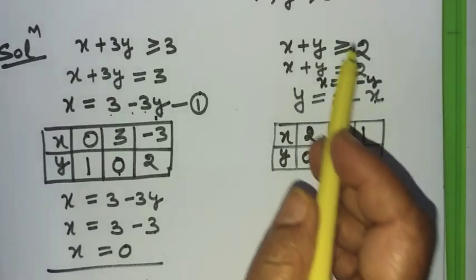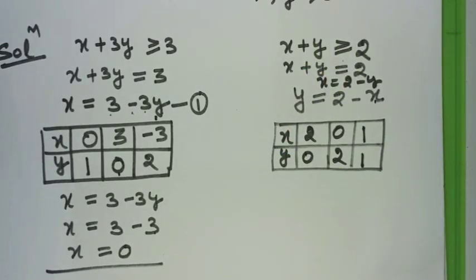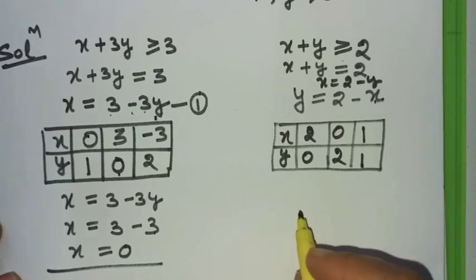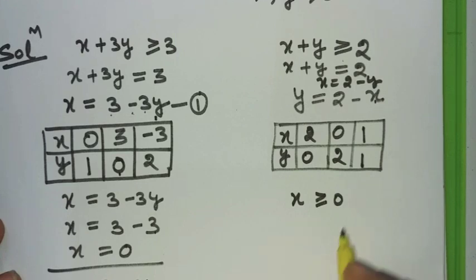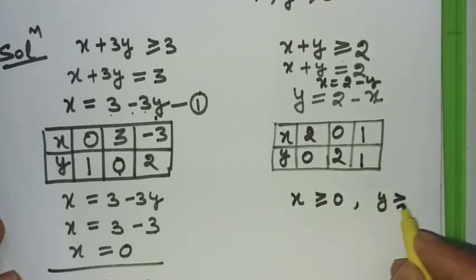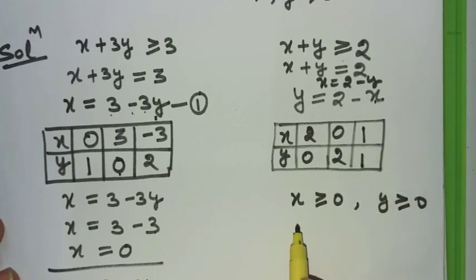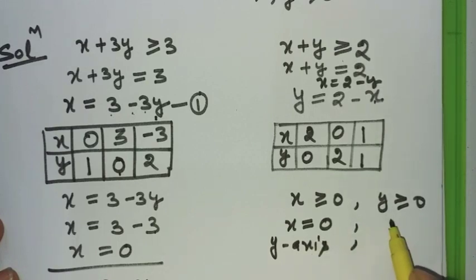I mean, this thing you have already learned in your junior classes, so I don't need to stress much on this. And there were two more constraints. One was x greater than or equal to 0, and other was y greater than or equal to 0. So now students, if I write this constraint as the linear equation, it will be x equal to 0, and x equal to 0 is nothing but the equation of y-axis, and y equal to 0 is nothing but equation of x-axis.